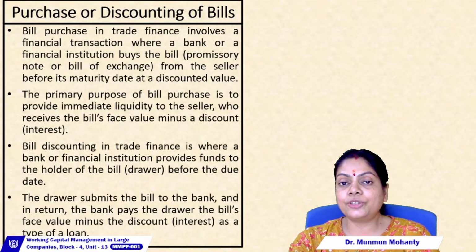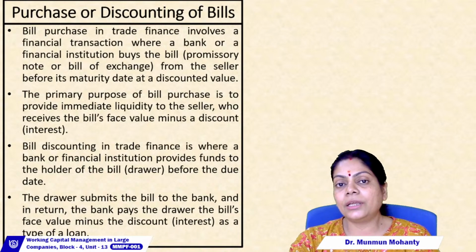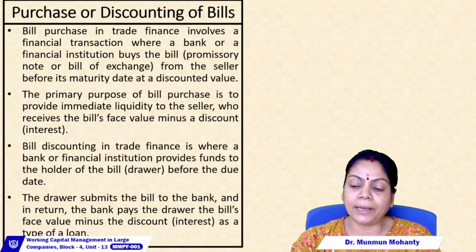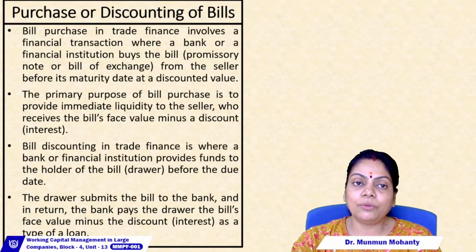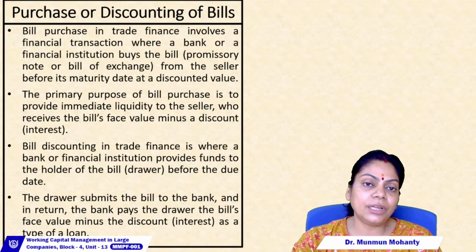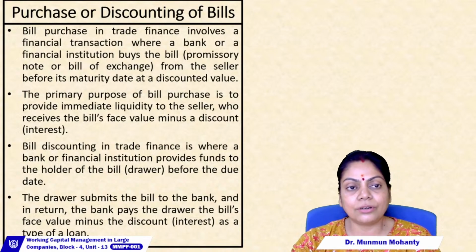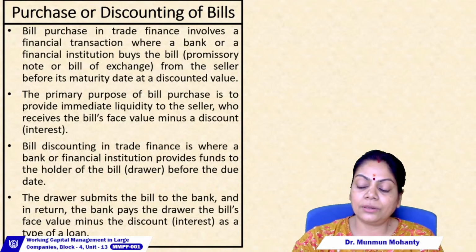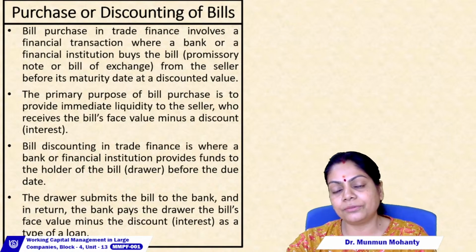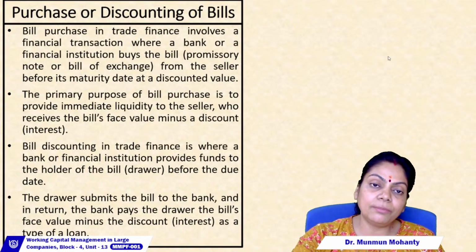On the maturity of the bill, it will be presented to the buyer of the product, and he will remit the funds to the bank. Now the point is the working of the purchase of bills and discount of bills are mostly similar, but the only difference is the ownership of the bill. In the purchase it lies with the banker, and in case of discounting, the bill still belongs to the seller.